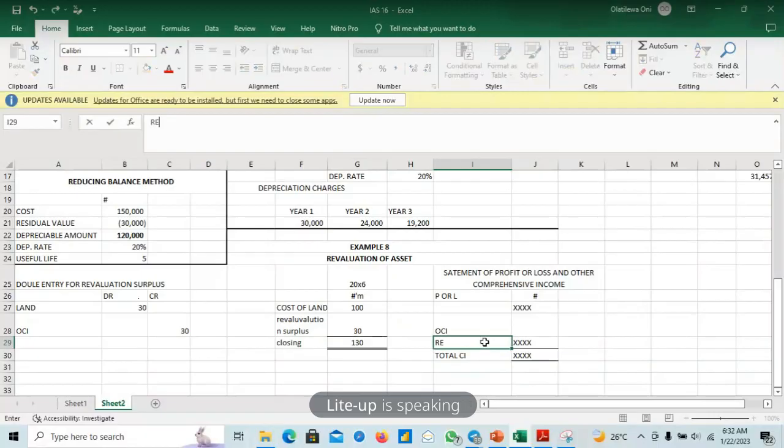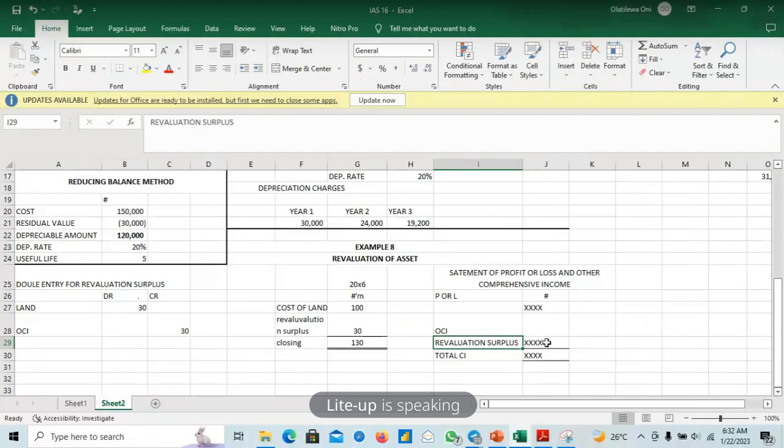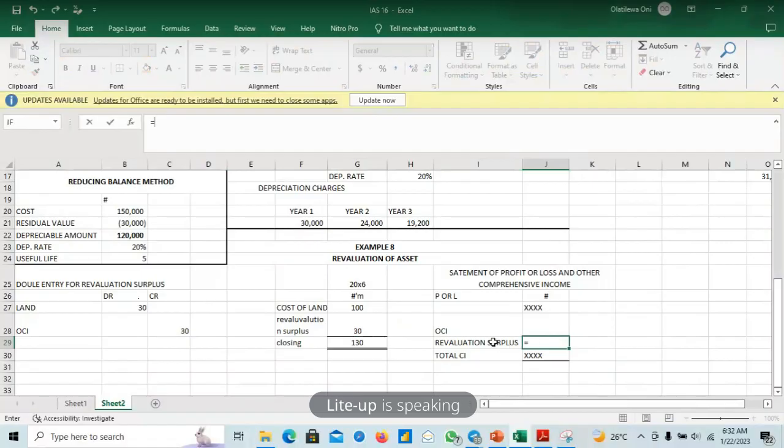I'll call it revaluation surplus. And what we are going to be having under this revaluation surplus is what? 30 million. This is where we are taking it. It comes under OCI.